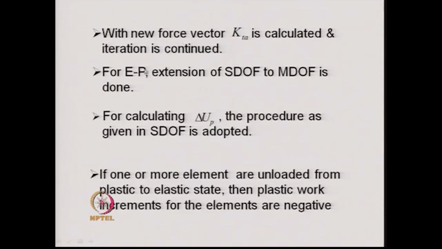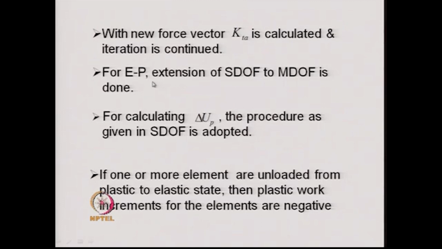For the case when the column is passing from elastic state to plastic state, there is a transition point, then it is a straightforward extension of the single degree of freedom to multi degree of freedom system, that is, we scale the displacement in such a fashion that the yield condition is satisfied, and the total displacement consists of two parts.